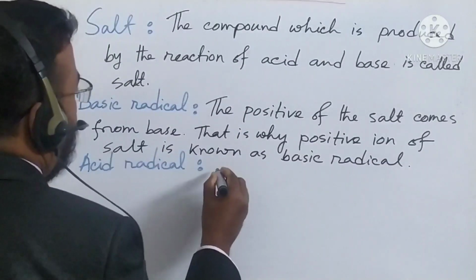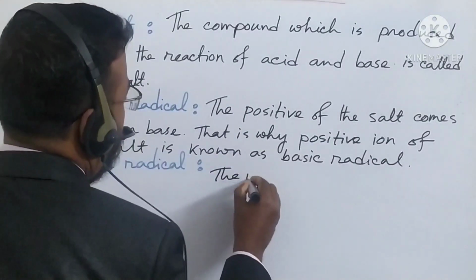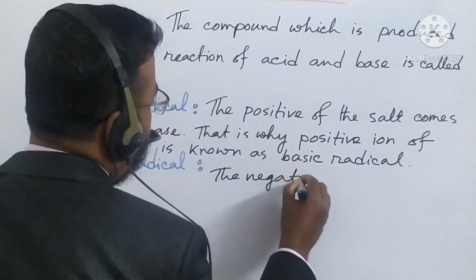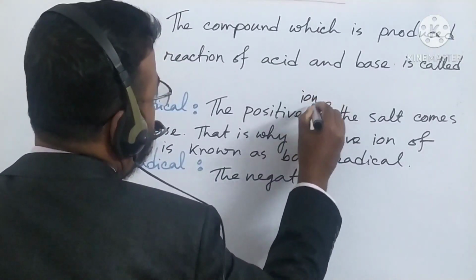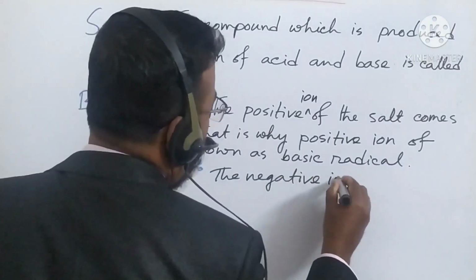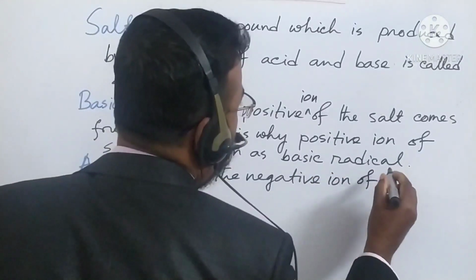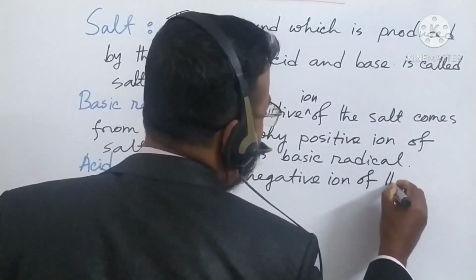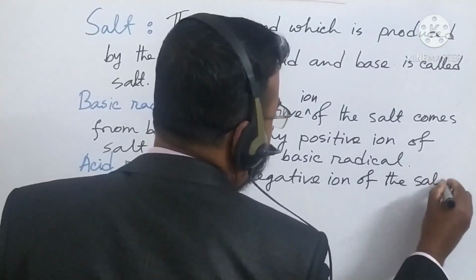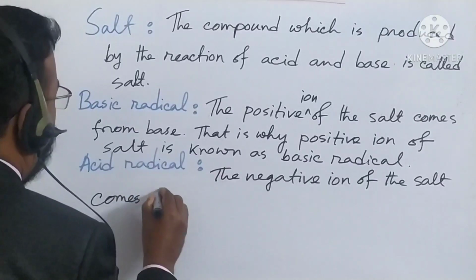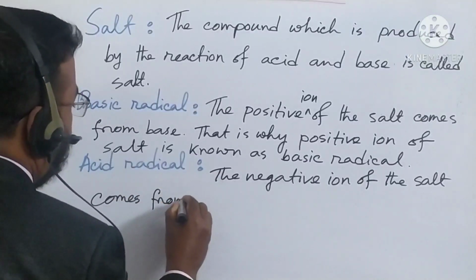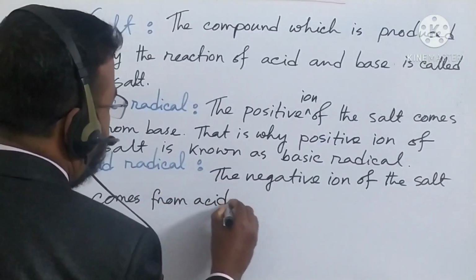Then acid radical. The negative ion of the salt comes from acid.